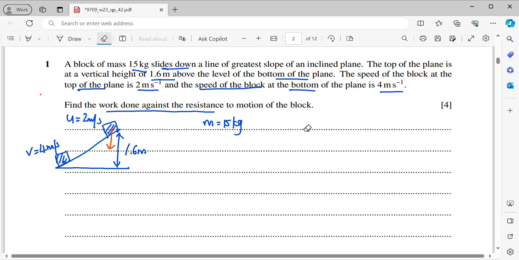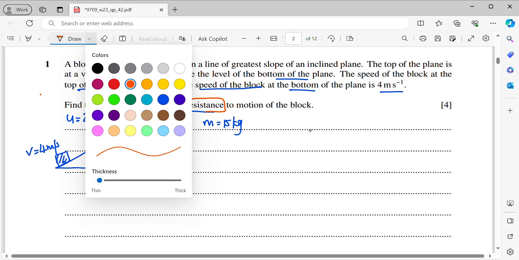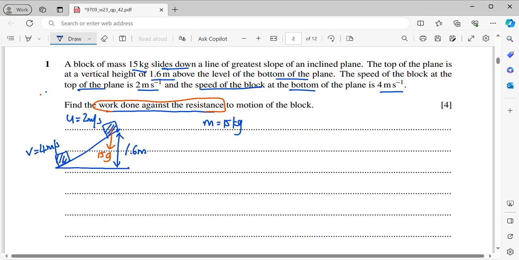Now, what I need to do here is, because the question mentioned that you need to calculate work done against the resistance to the motion, here I will be using the work energy principle.